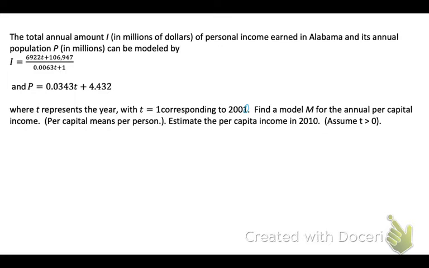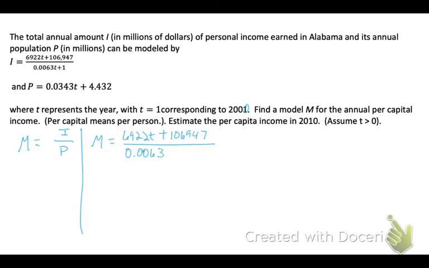There we go. So the first thing I'm going to do is to create that model, that M, for the annual per capita. So that means how much income per person. So that would be taking I and dividing it by P. So I'm going to take the rational for I, which is 6922t plus 106,947 over 0.0063t plus 1.